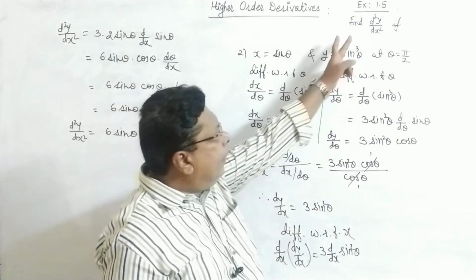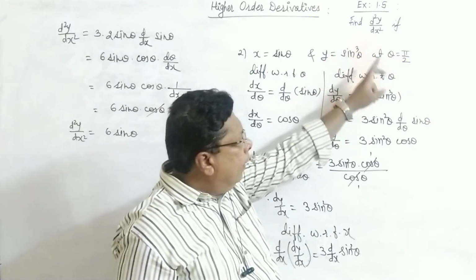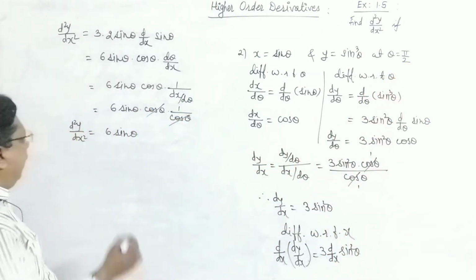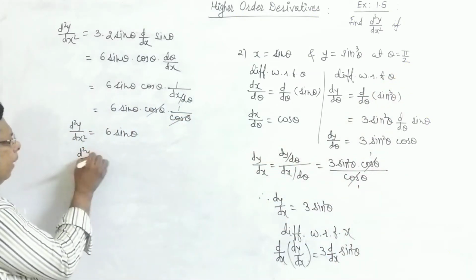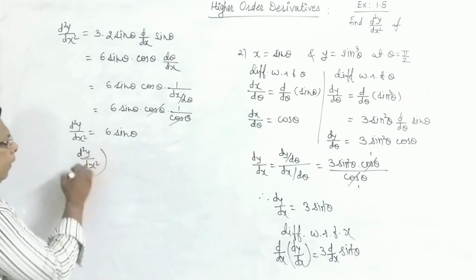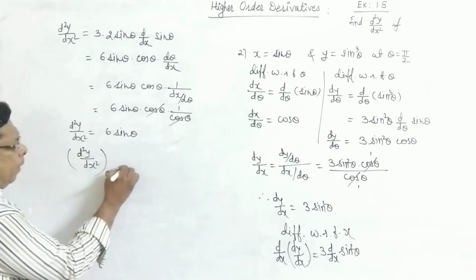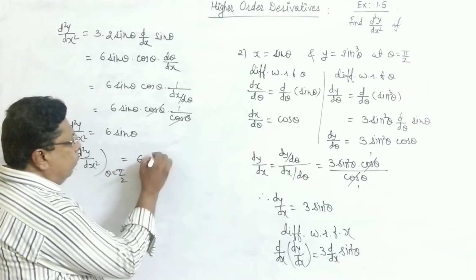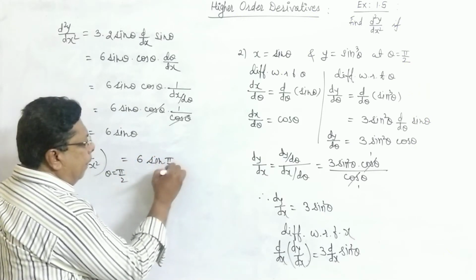But we have to find d square y by dx square at theta equal to pi by 2. So put theta equal to pi by 2 here. d square y by dx square at theta equal to pi by 2 is 6 into sin pi by 2.